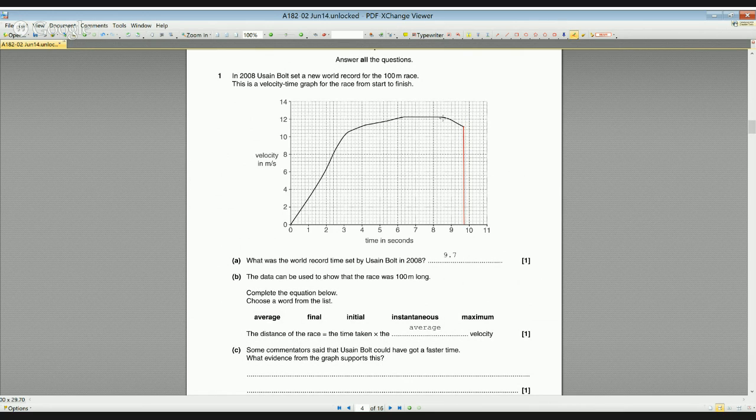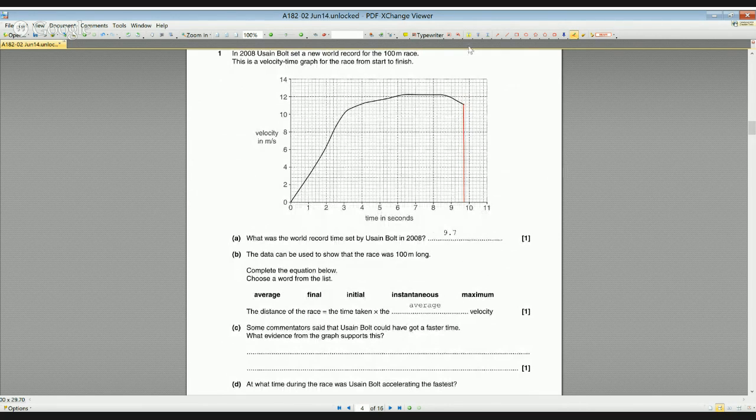And then just a little bit beyond 8 seconds, in this last second of the race, Usain Bolt actually slows down. So that suggests that had he managed to maintain that constant speed all the way to the end, he could have actually achieved a faster time. So we should say something along the lines here of his velocity is slower at the end of the race.